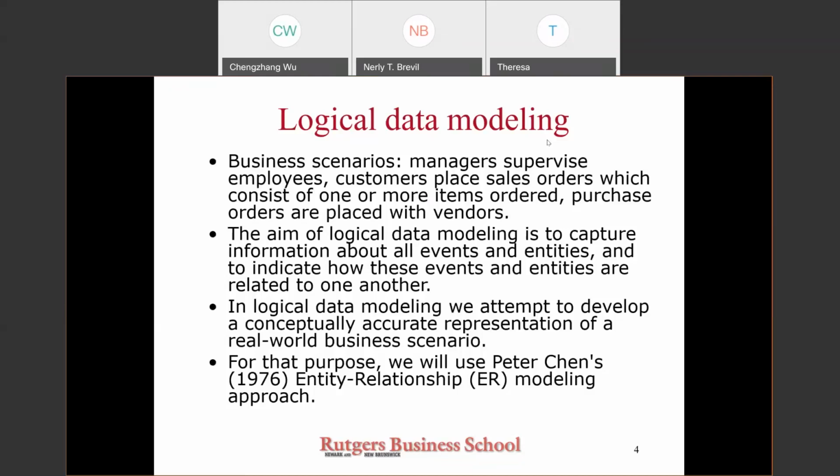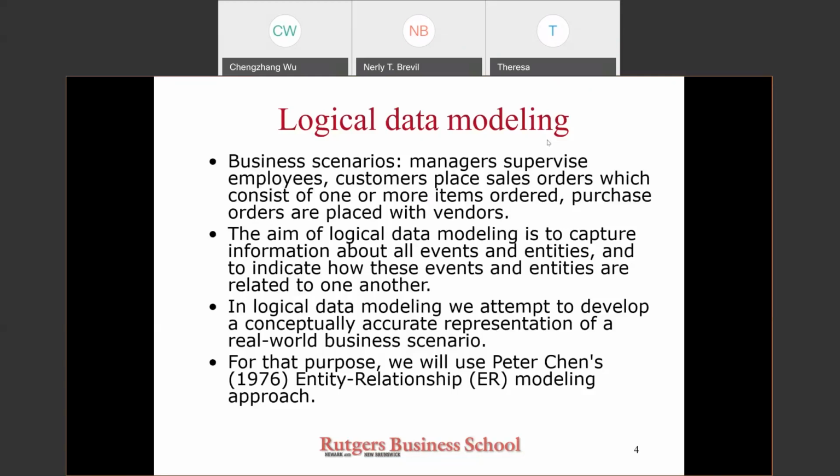So in the logical data modeling, sometimes it is called the conceptual data modeling. The analyst attempts to develop a conceptually accurate presentation of a real-world business scenario. The goal is to capture the semantic or meaning of the reality, which is why this process is also referred to as semantic data modeling.